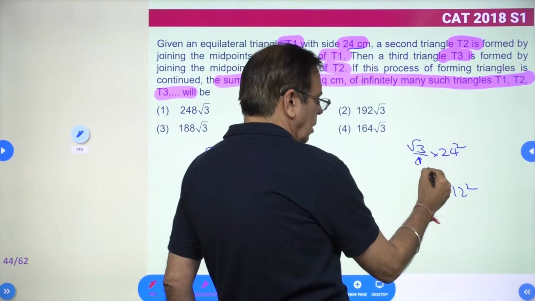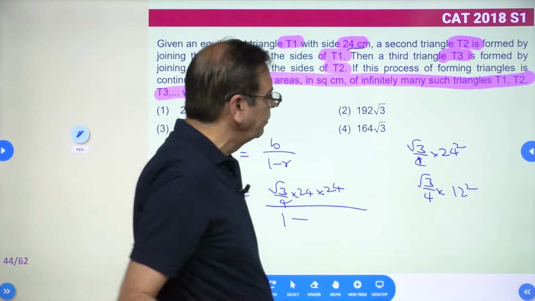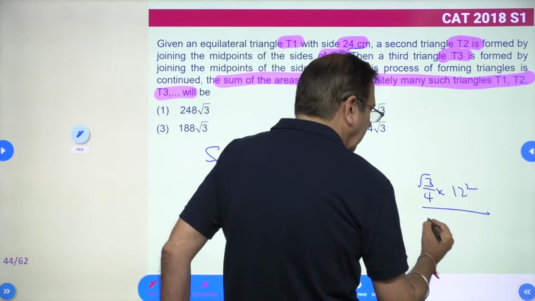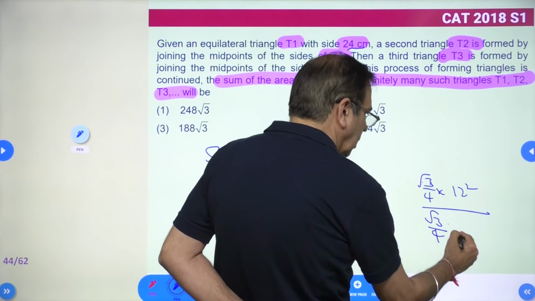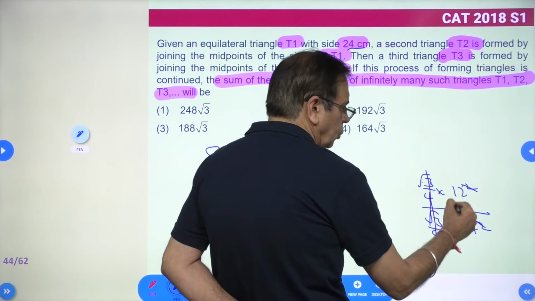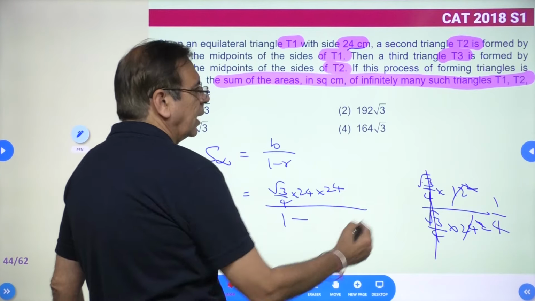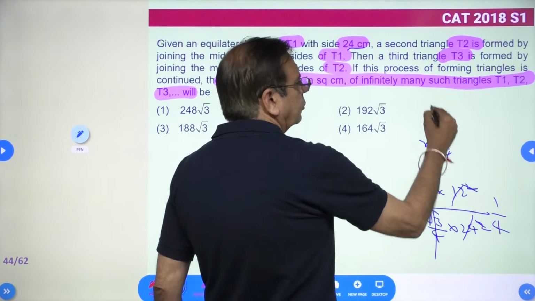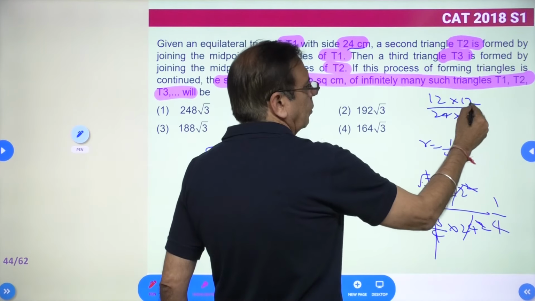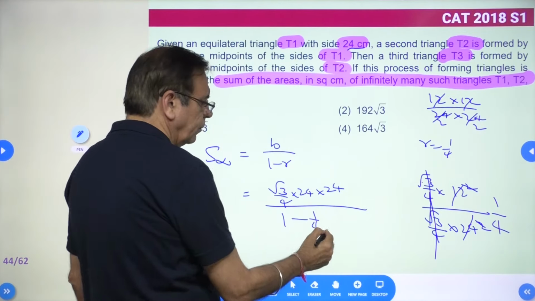If I say the ratio of the second term to the first term, the common ratio, you will find that r is 1 by 4. After all, 12 into 12 upon 24 into 24 will be 1 by 2 into 1 by 2, so 1 by 4.